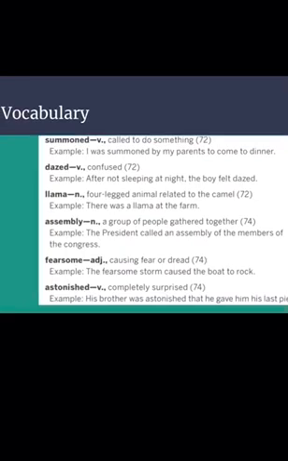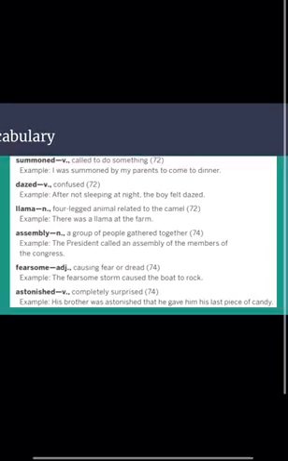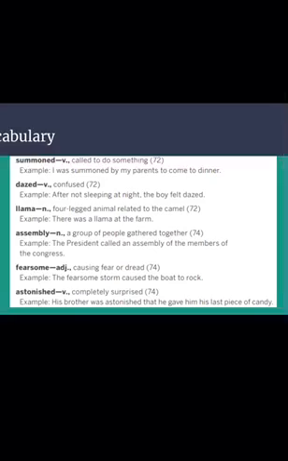It's describing something. So fearsome means causing fear or dread. The fearsome storm caused the boat to rock. Next word, astonished. That's a verb. That means to be completely surprised. For example, his brother was astonished that he gave him his last piece of candy. Okay, very good.